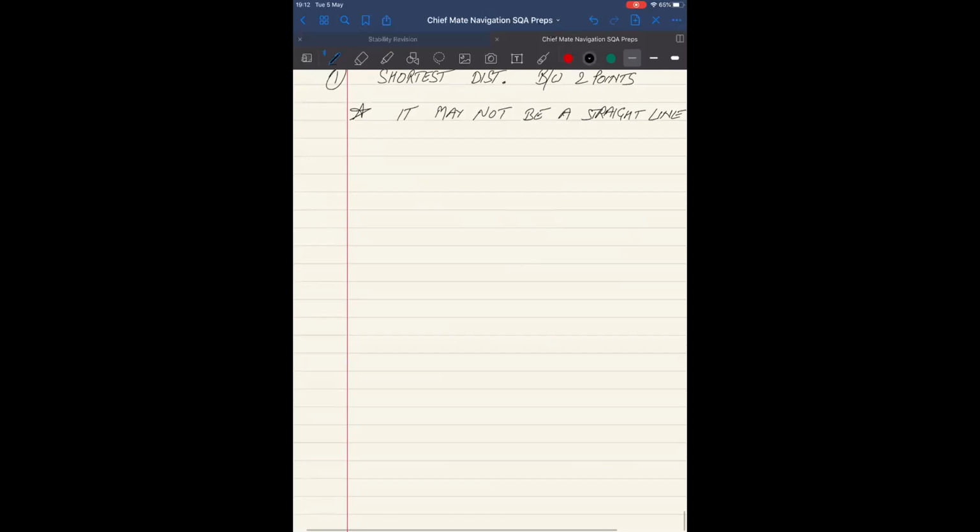Okay, so if this is point A, this is point B, this is the equator, this is your North Pole. The great circle will take the curvature of the Earth.